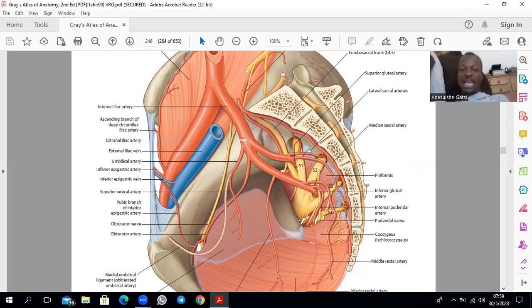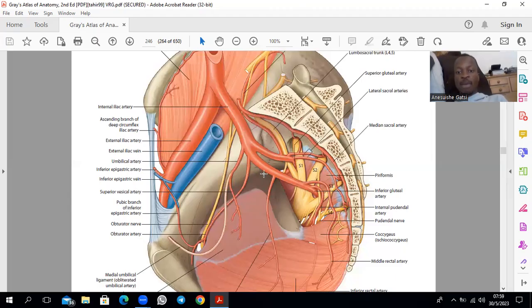Then we have internal iliac, which will divide into an anterior division and a posterior division. I think this diagram is trying to do justice with it. So you need to know which branches are from the anterior, which branches are from the posterior. In general, all the branches fall under the mnemonic: I love going places in my very own underwear.